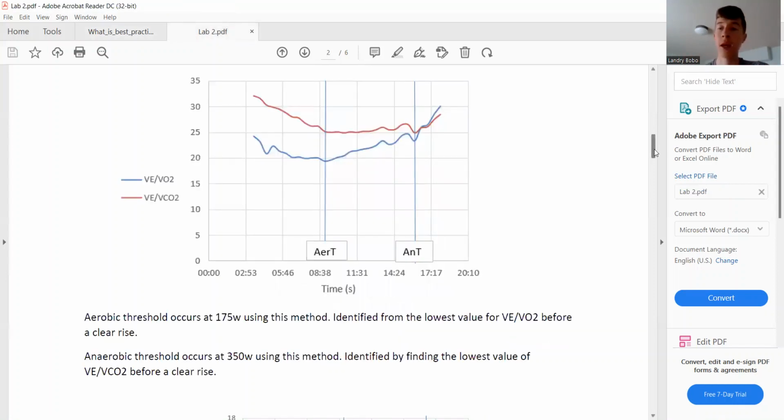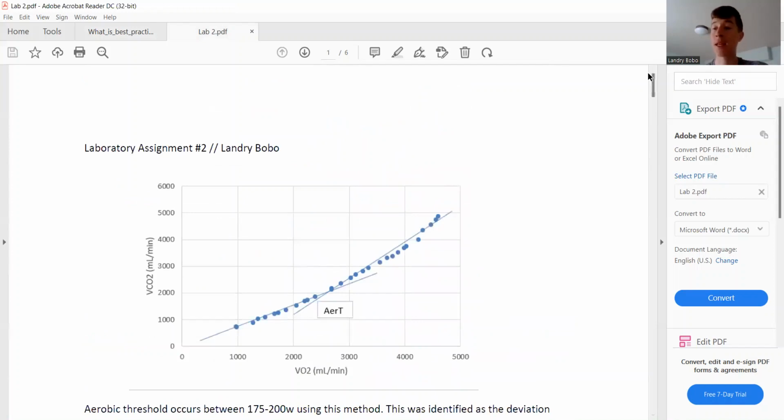If we look here, I have some lab data that can help to better illustrate this. This is lab data from a VO2 max test that I did last year. If you've never done one, basically you go into a lab, get on an ergometer, they put a mask on you, and you do a ramp test.